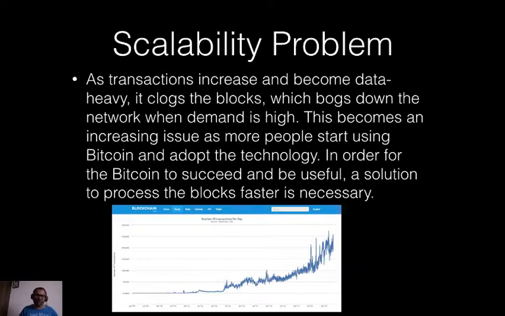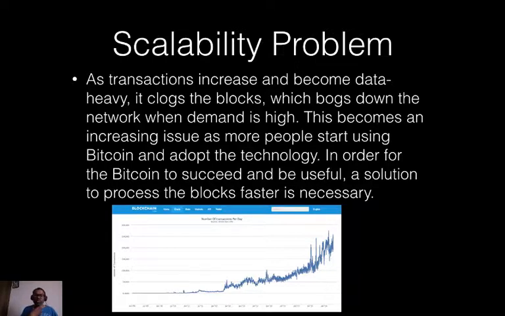Some said bigger blocks, some said let's use a variable block size, and some said let's follow the SegWit approach, where we also want to keep the older network in place. That is for the people who do not want to upgrade, because they believe in the original vision of Satoshi Nakamoto. They don't want to change the way the Bitcoin network works.